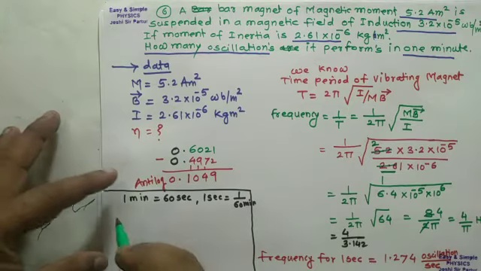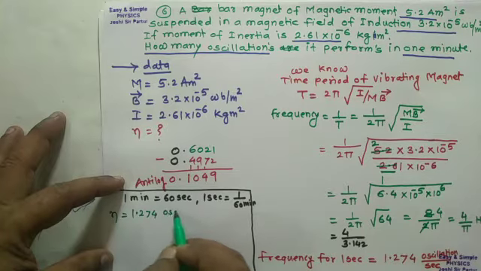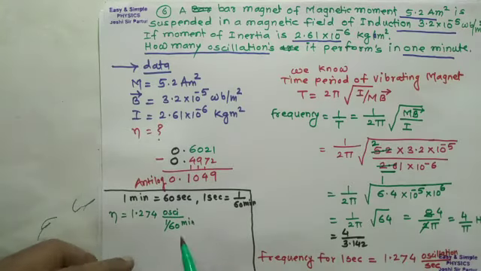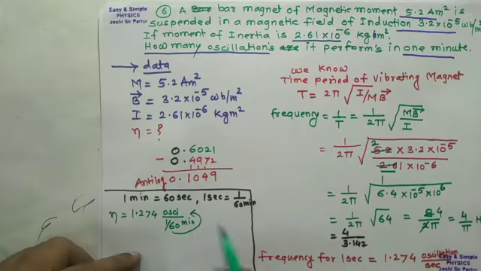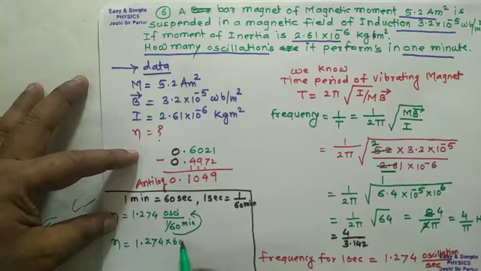So frequency n is equal to 1.274 oscillations per 1 upon 60 minute. By taking the reciprocal, 60 is multiplied, so n is equal to 1.274 into 60.